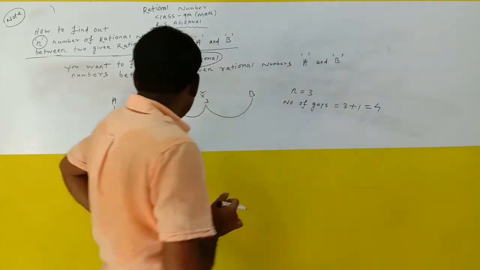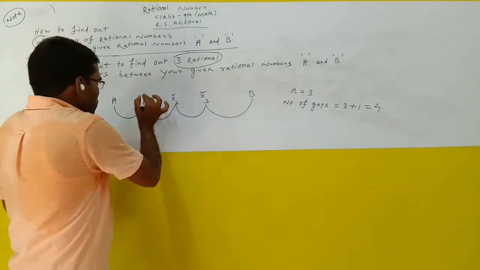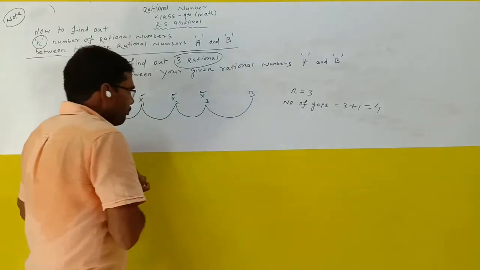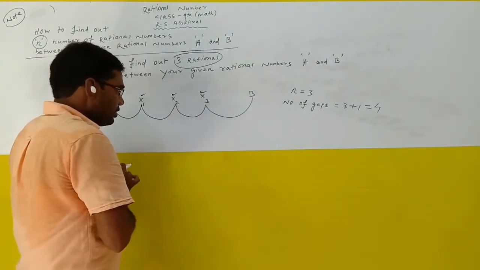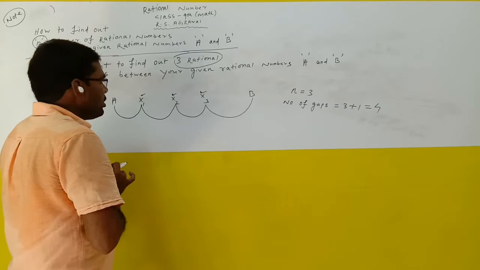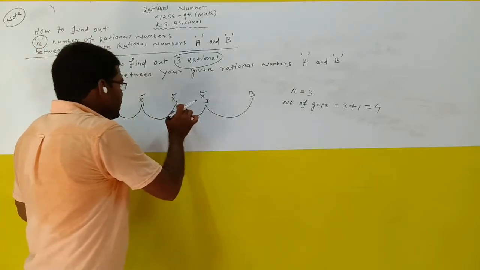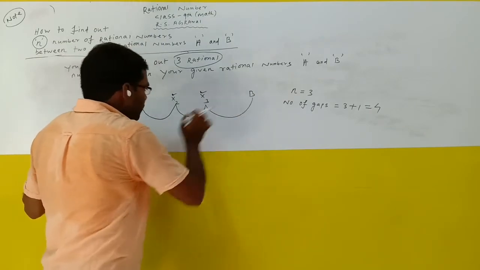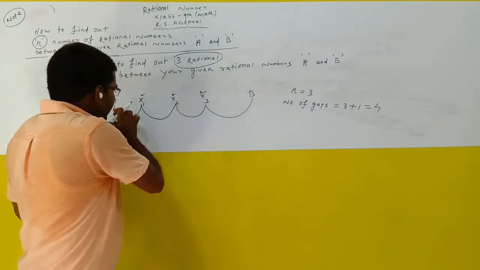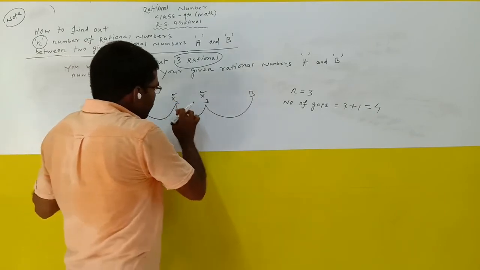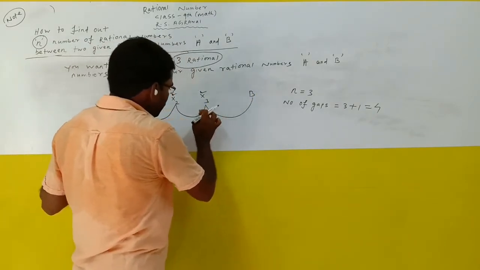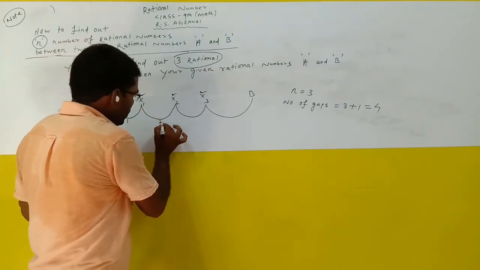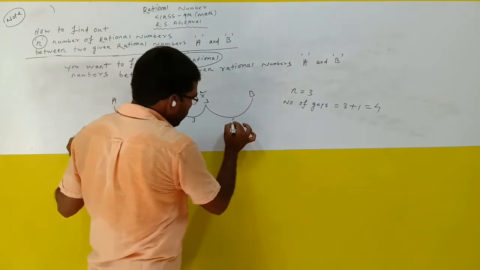You see here that you want to find x1, x2, x3, and when these three rational numbers lie between A and B, there are four gaps totally. It is gap number 1, 2, 3, 4.